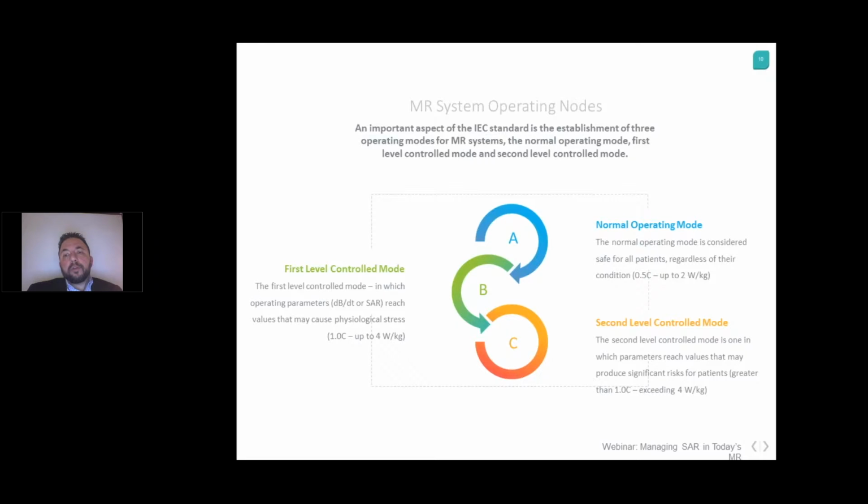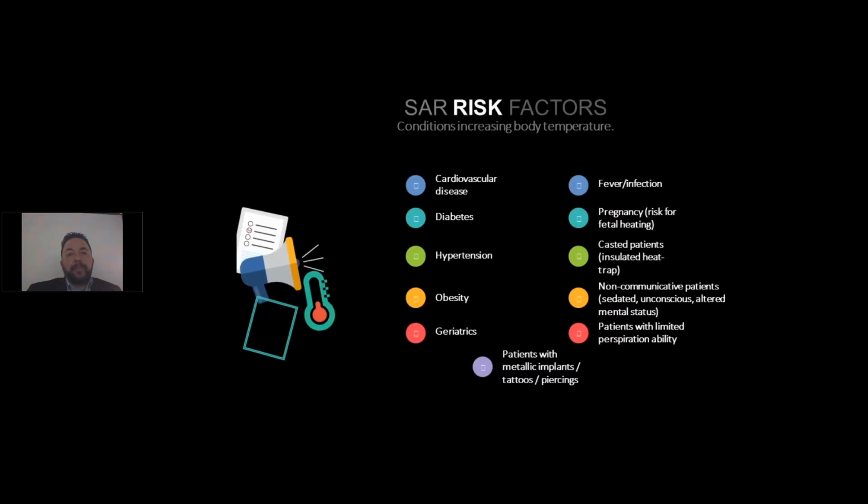Second level controlled mode, one in which parameters may reach values that produce significant risk for patients. Now the temperature rise is greater than 1 degree Celsius and exceeds 4 watts per kilogram.